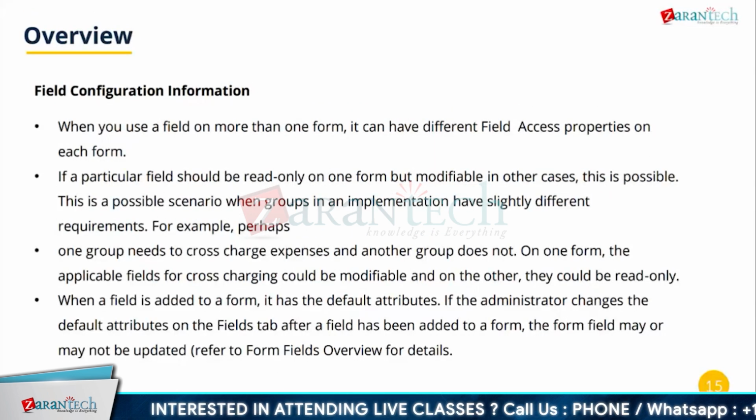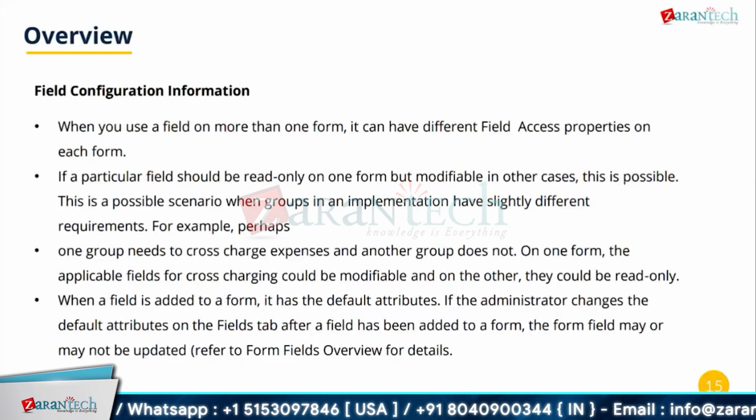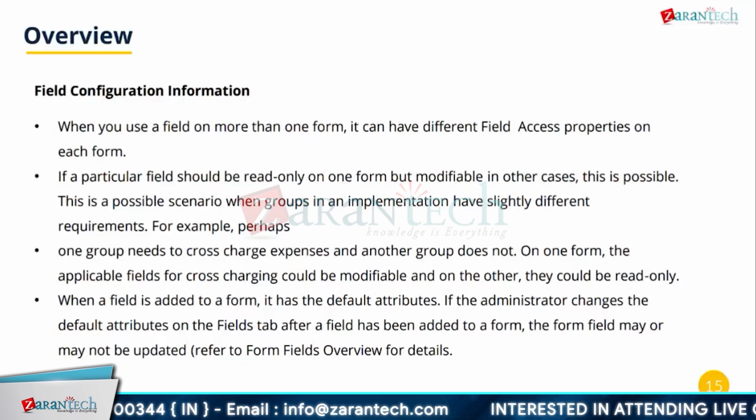Field configuration information: when you use a field on more than one form, it can have different field access properties on each form. If a particular field should be read only on one form but modifiable in other cases, it is possible.